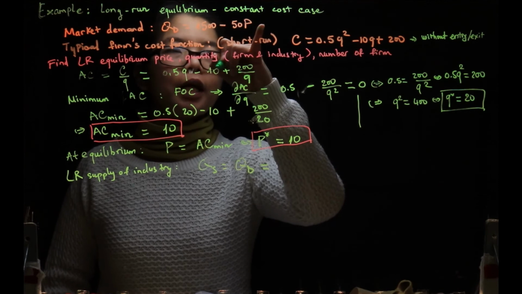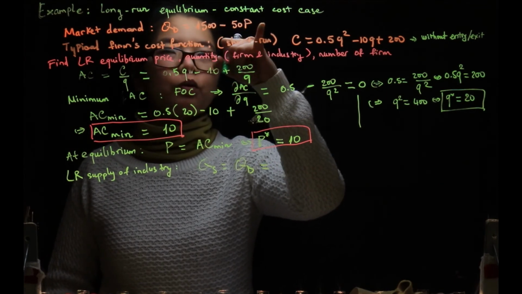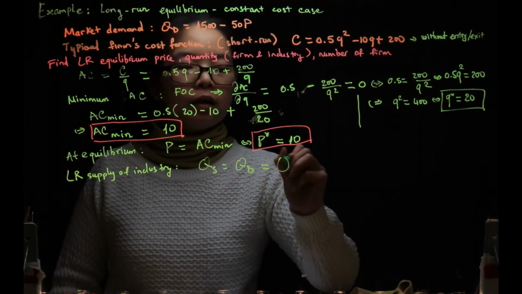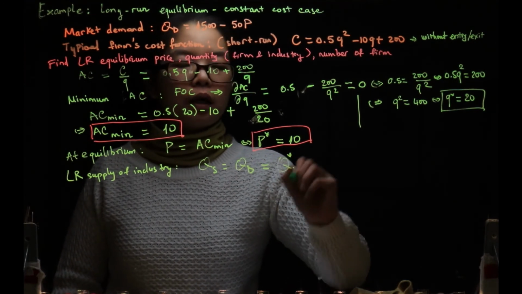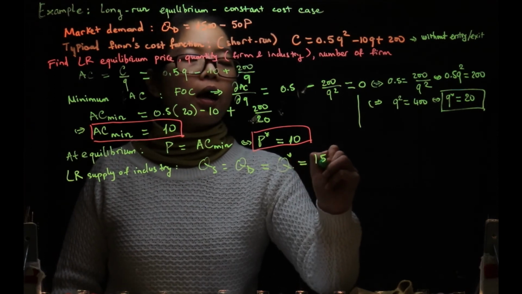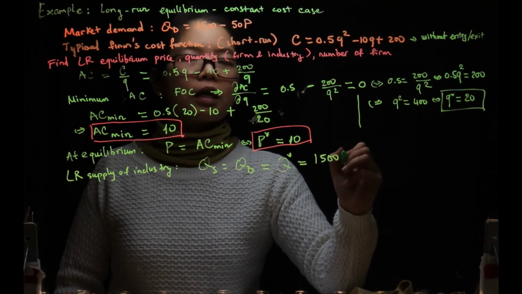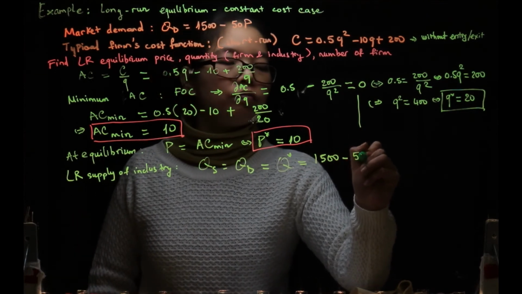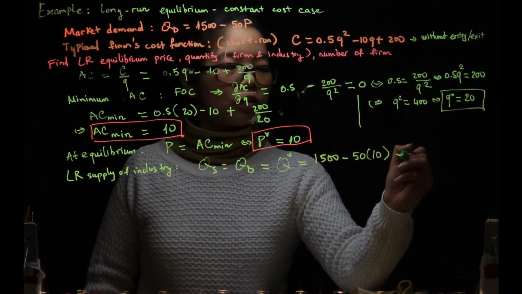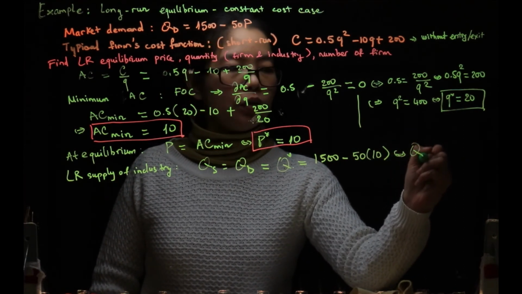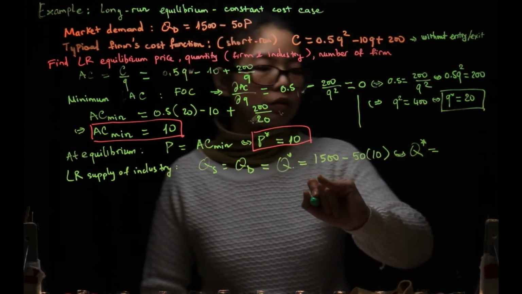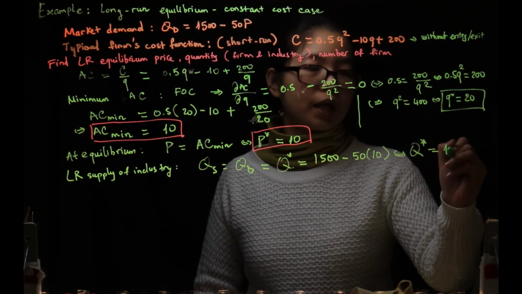We have P star already, so we could plug it into the QD function to find the equilibrium Q, which is 1500 minus 50 times 10. So that means Q star equals 1500 minus 500, 1000.